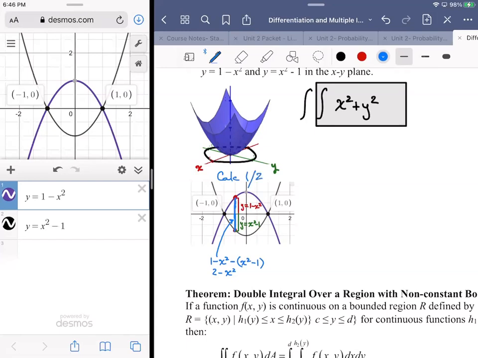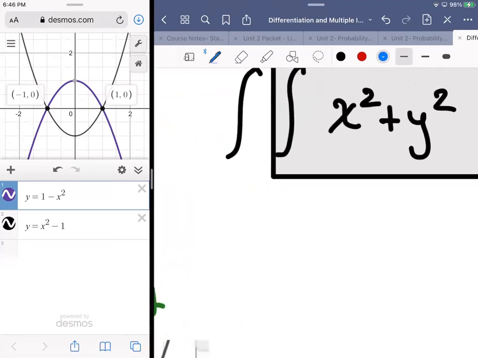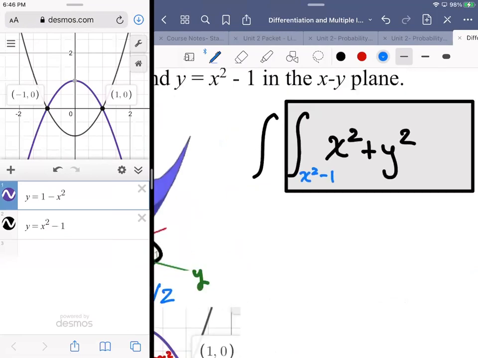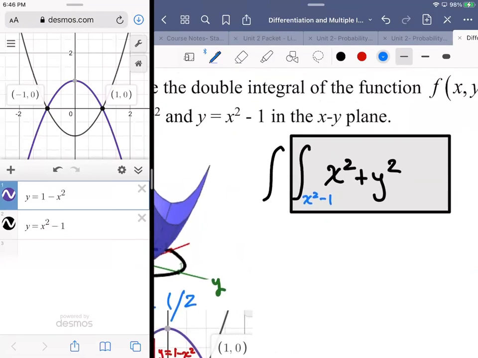What we want is just an expression that represents the lower bound, x squared minus 1, and an expression that represents the upper bound, 1 minus x squared. Now, these are both y equations, or, well, they will be once I put a y equals in there. So this is y equals, y equals, y.